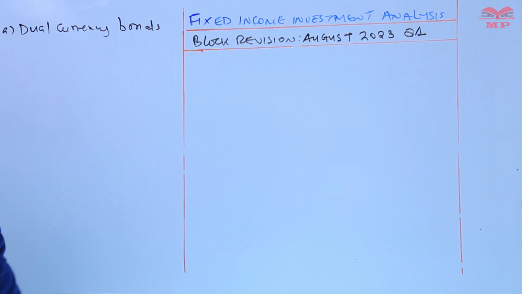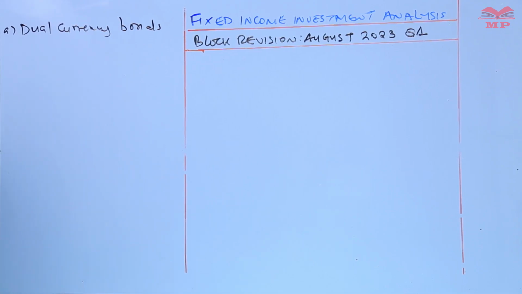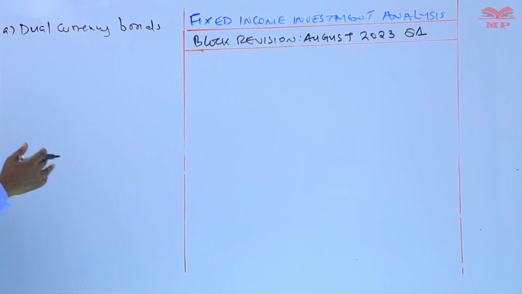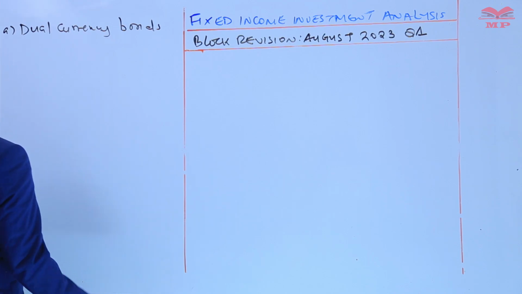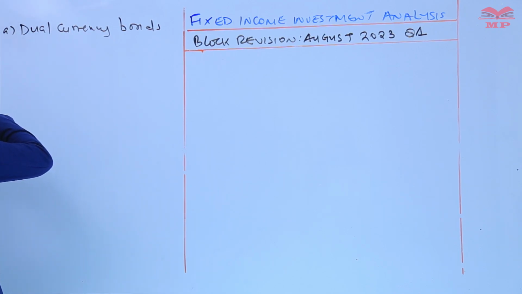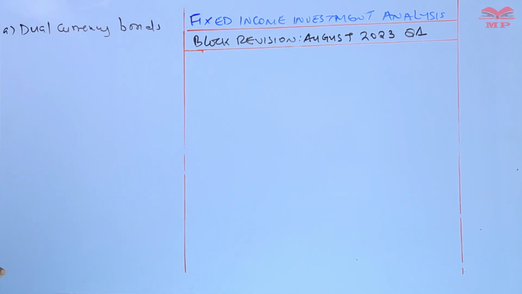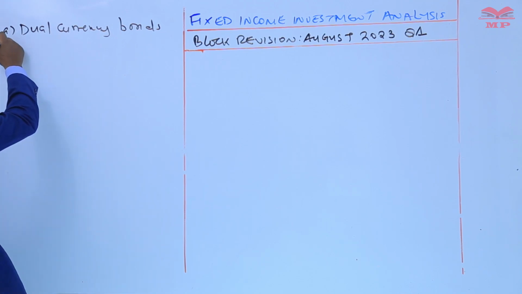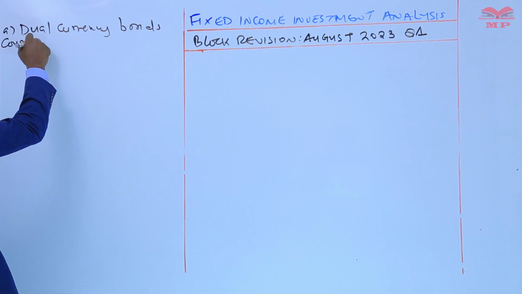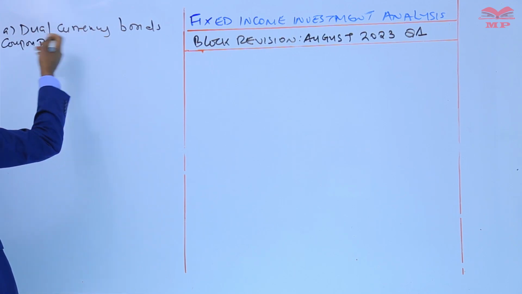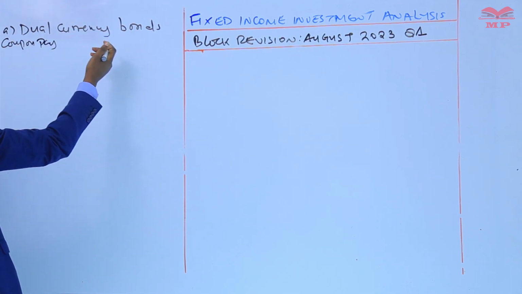I've explained the dual currency bonds. I've said that these are bonds where coupon payments and principal are denominated in one currency but are paid in another. Say that they are issued in one currency but paid in another. The coupon payments and principal. Coupon payment is the interest on the bond.